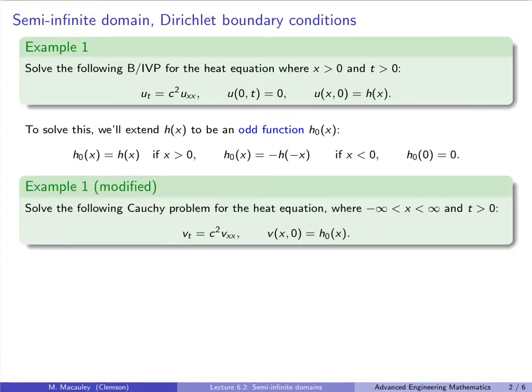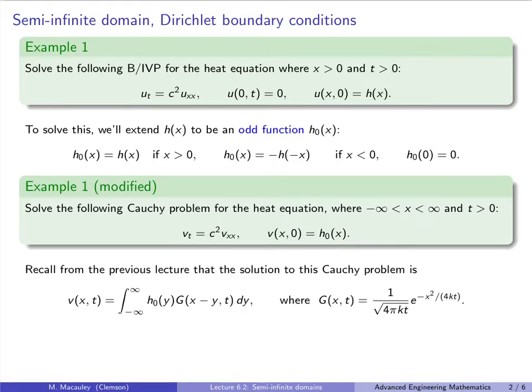More formally, we are going to turn this PDE on a semi-infinite domain into one on the entire real line. Now we should probably call it a different function, so we're going to call it v instead of u. And the initial condition, v of x, 0, is just this odd extension, h naught of x.